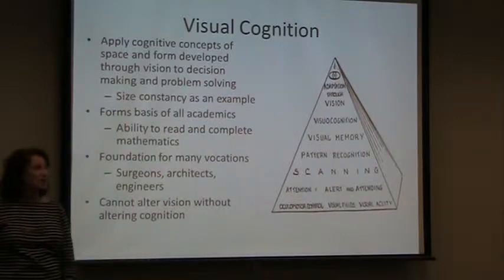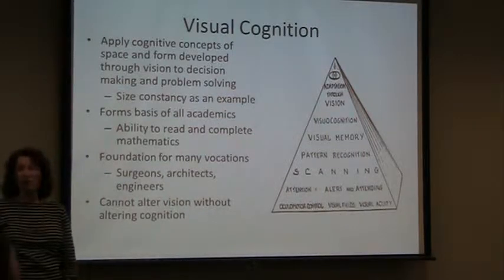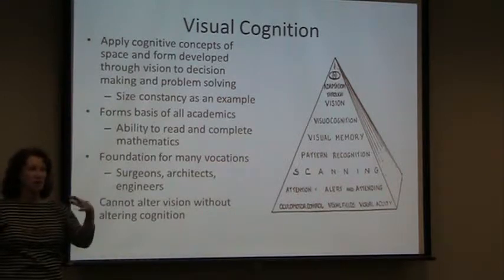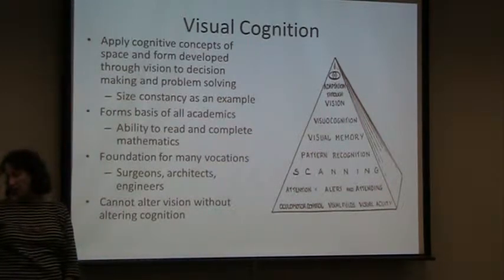Landscape architects, artists. You have to understand what you see. I'm just thinking of somebody who works in house cleaning or housekeeping. They have to understand what they see. They're working with spatial stuff all the time.